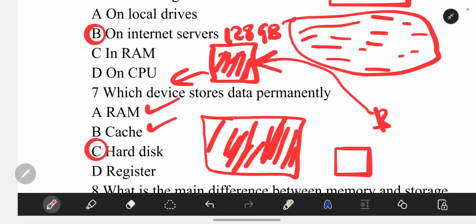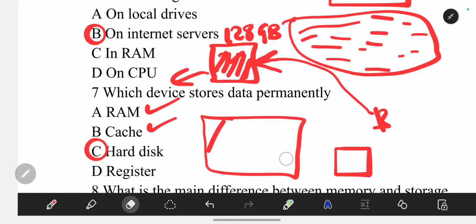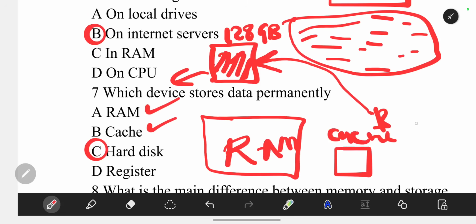So let's say this is the hard disk. Let's say this is the RAM. Then we have cache here, which is smaller. Then we have the CPU. Let's say the CPU is the boss. Whenever the CPU wants to retrieve certain information, going to RAM, which is bigger, information can be difficult to find.